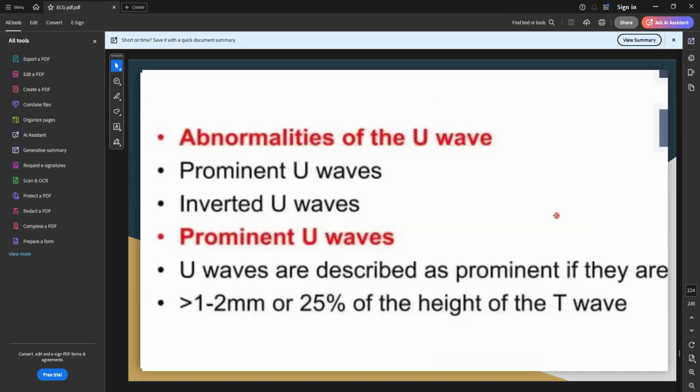What do abnormal U waves look like? There will be prominent U waves and inverted U waves. Prominent U waves are seen when the amplitude is more than 1 to 2 millimeters or more than 25% of the height of the T wave.